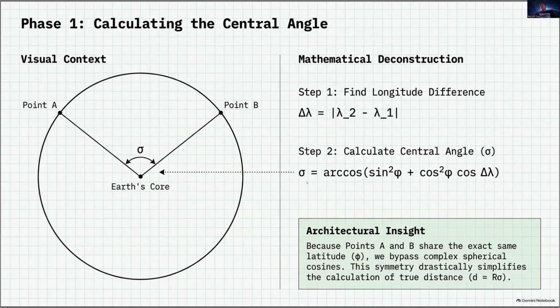Calculating the central angle is the distance of angle. Central angle is arcsin of the square root of sine squared plus cosine squared times cosine gamma. Because points A and B share the exact same latitude, we bypass the complex spherical law of cosines. This drastically simplifies the calculation of the true distance, equal to R, the radius, times the distance angle.